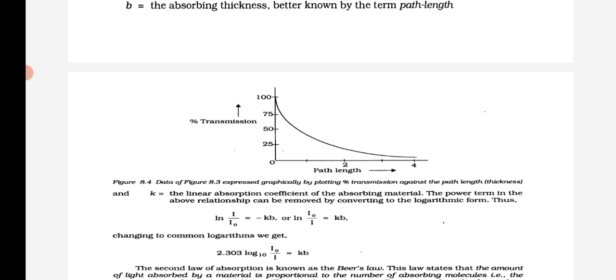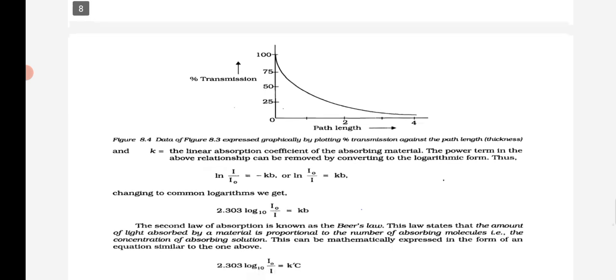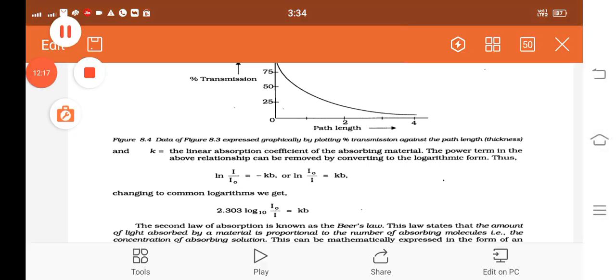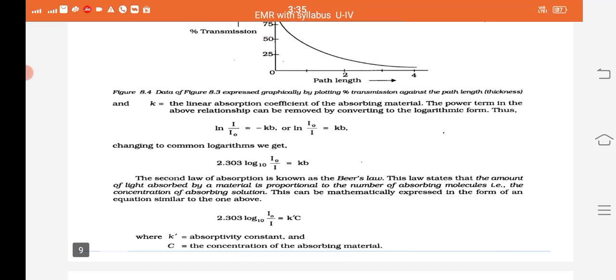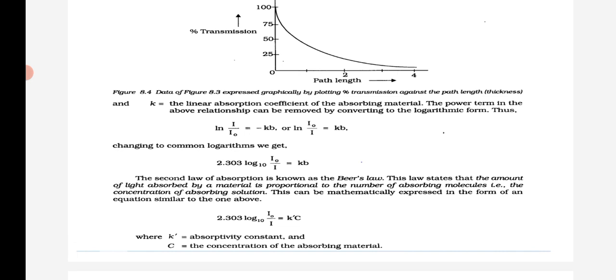Then finally, changing to the common logarithmic form, ln is converted into 2.303 log10 I0 by I equals kb.